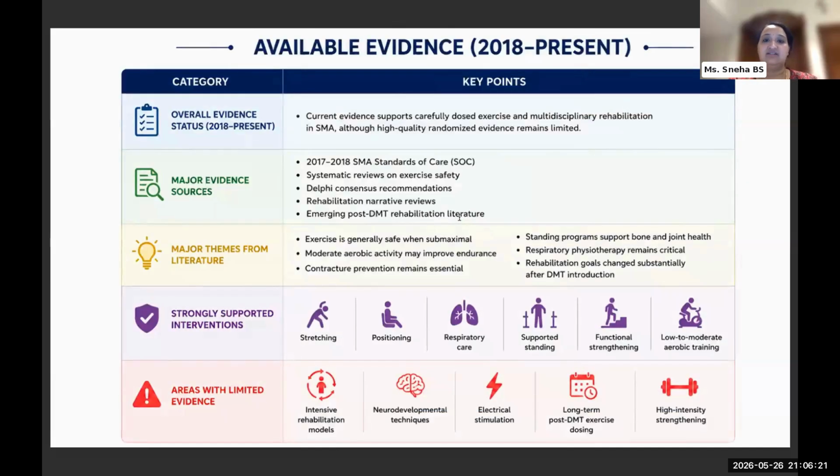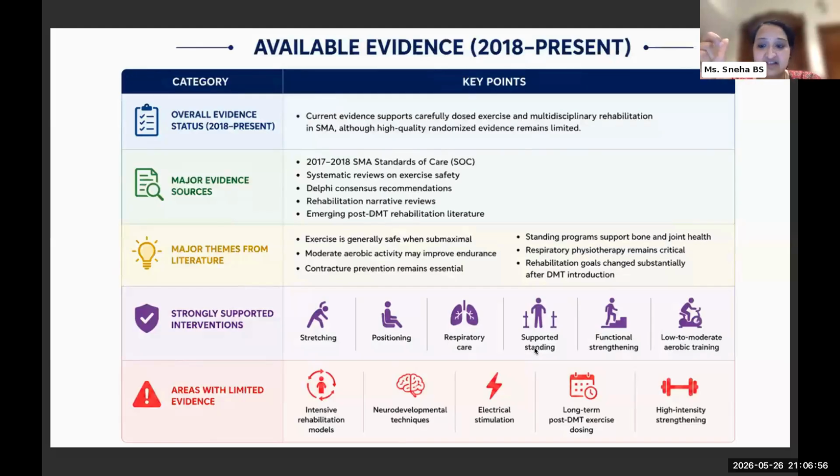So again, what is the evidence? This is a major question that has been asked since 2018 to now, from what I was able to compile. We have our standard of care consensus. Apart from that, a few Delphi consensus here and there, and small group literature that is available. So what are the things that are strongly recommended? Stretching, good positioning, absolutely necessary. Respiratory care, supported standing, right?